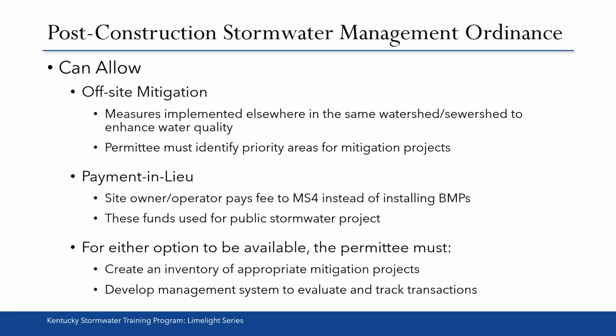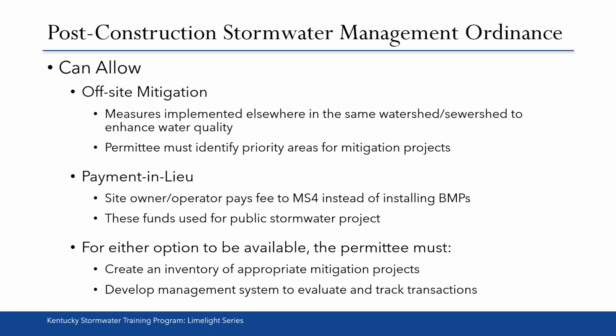So along with those requirements, the post-construction ordinance has a couple of options available if the water quality standard can't be met for a certain site. The first is offsite mitigation. It is what it sounds like, that you are allowed to put in your ordinance that if a site can't meet the post-construction BMP requirements, they can implement measures elsewhere in the same watershed to enhance water quality.